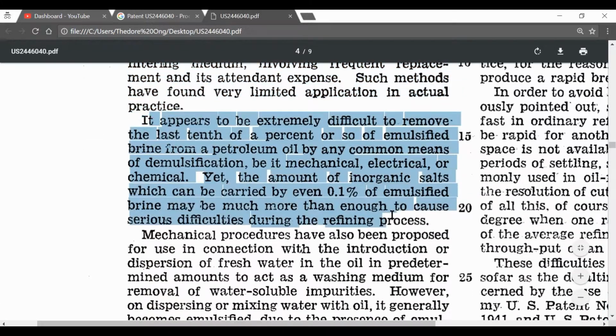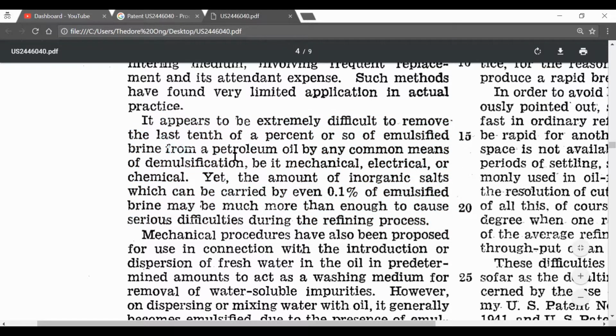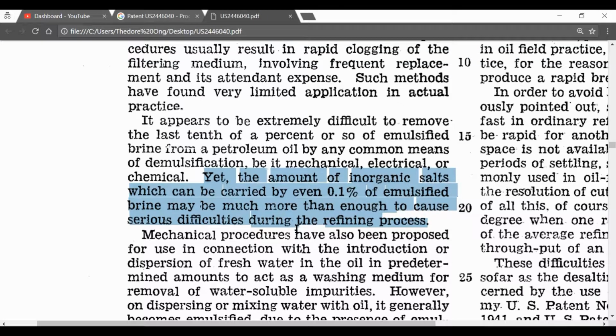It says that it's extremely difficult to remove the last 1/10% or so of emulsified brine from petroleum oil by any common means of demulsification, be it mechanical, electrical, or chemical. Yet the amount of inorganic salts carried by even 0.1% of emulsified brine may be much more than enough to cause serious difficulties in the refining process. So basically, you need to desalt it even more.